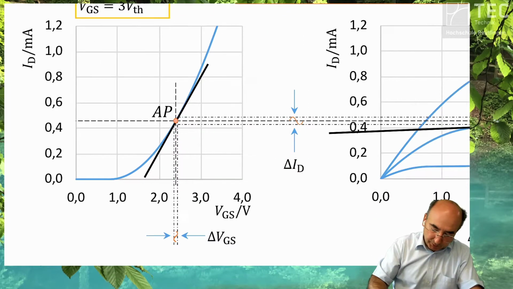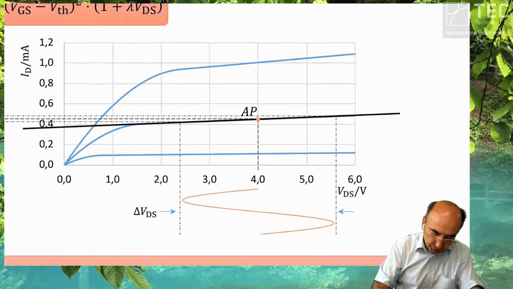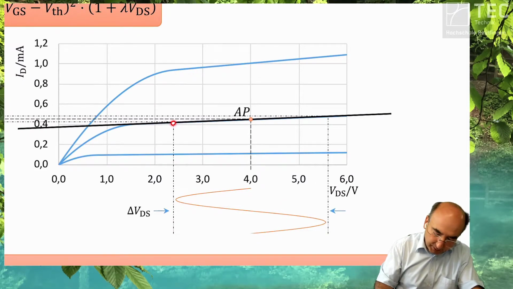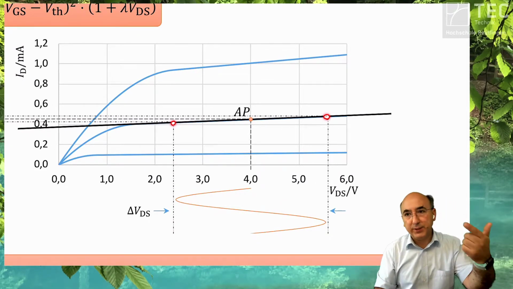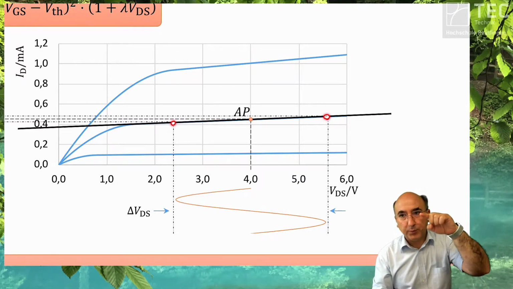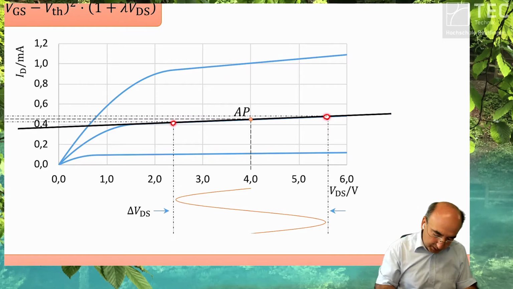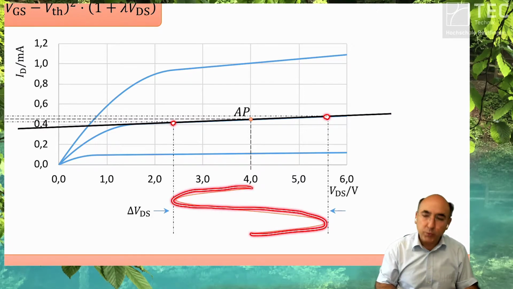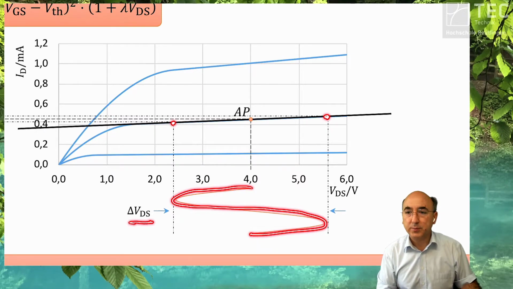If the transistor makes this current response, it has to make a voltage swing at its drain source potential.